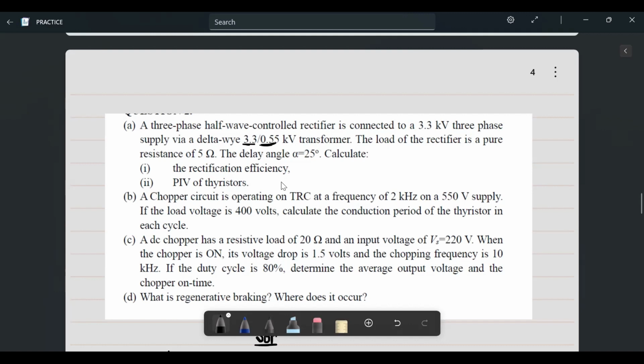Looking at the figures that are given here, we must be able to tell this chopper is this kind of a chopper. So we have the source higher than the output, so we have a step down chopper, and the step down chopper is called what? A biconverter.